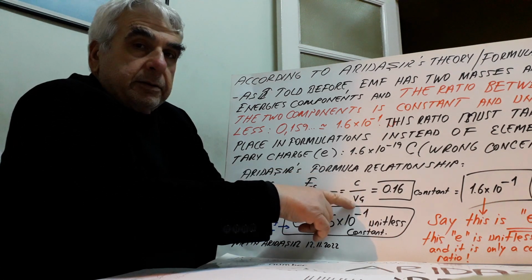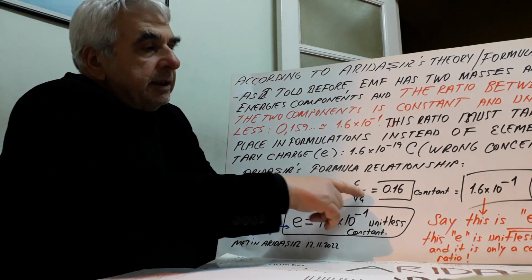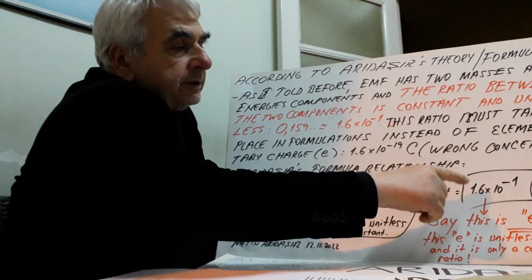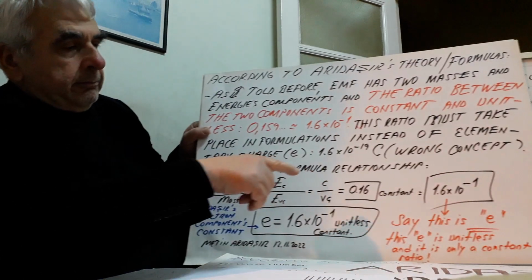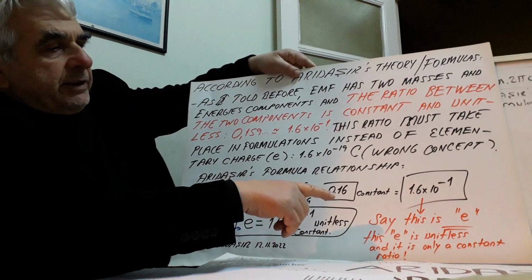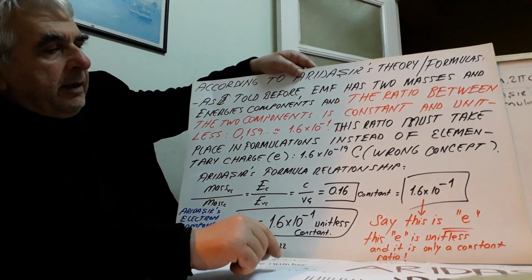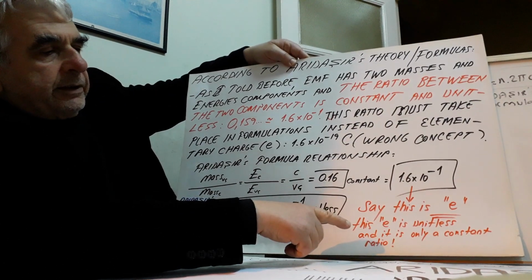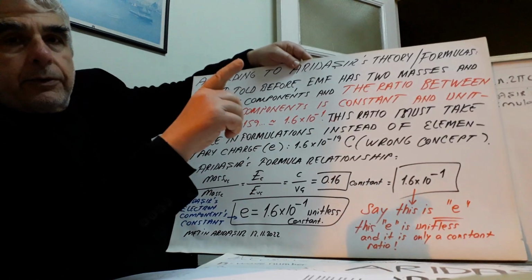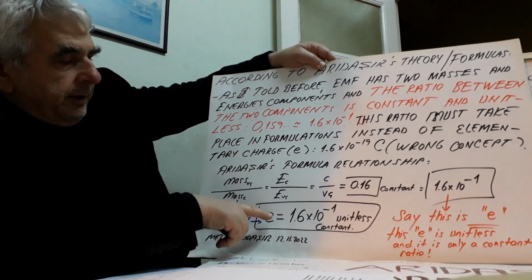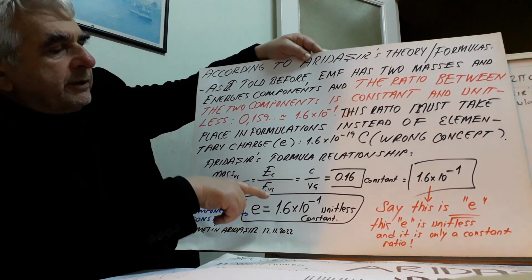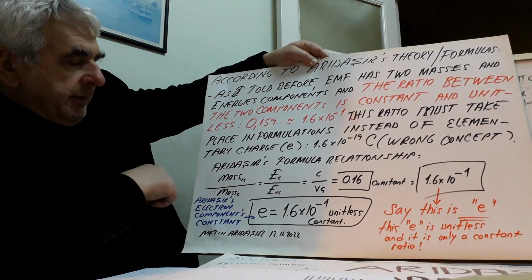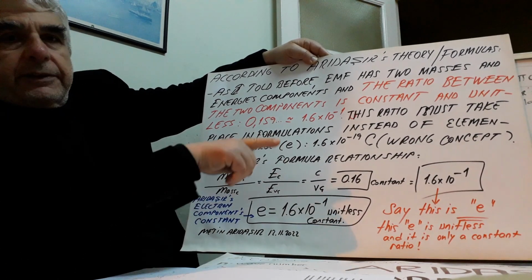C divided by this figure, Vg, is equal to 0.16, the constant 1.6 10 to the minus 1. Say, this is E. This E is unitless and it is only a constant ratio. Here E is equal to 1.6 10 to the minus 1, a unitless constant, ARIDAŞIR's electron components constant.